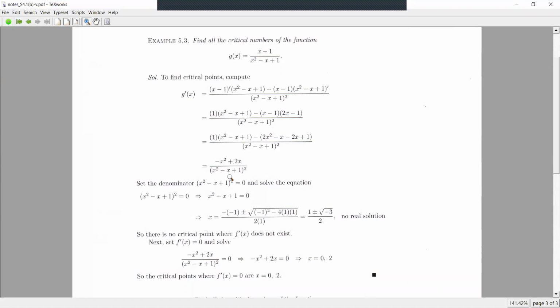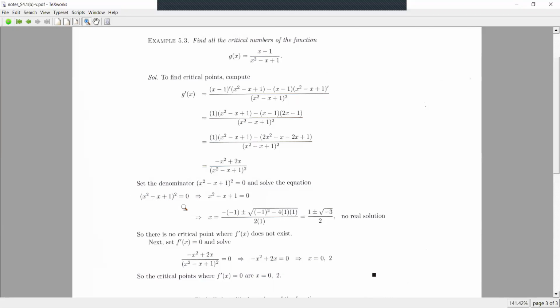Okay, now we can find critical points. There are two types of critical points. One is where derivative doesn't exist. The derivative has a denominator, so when denominator is 0, derivative doesn't exist. So I first set denominator to 0 and solve this equation.